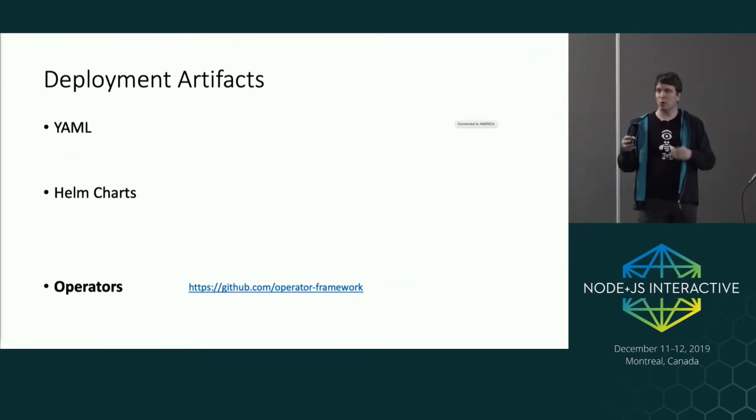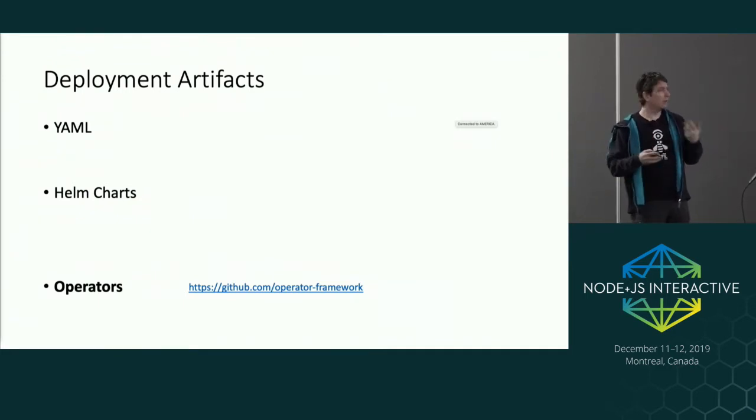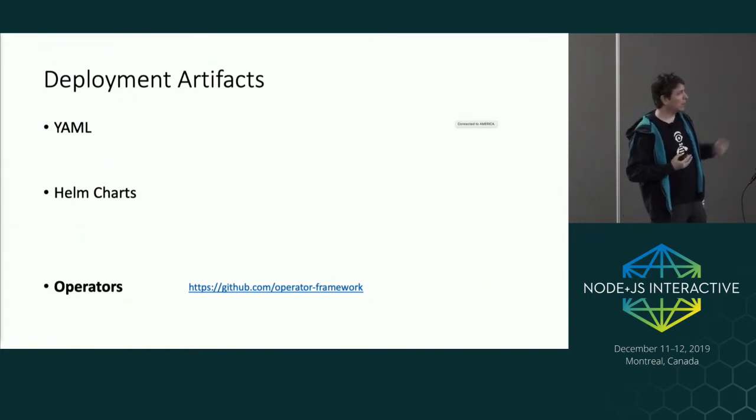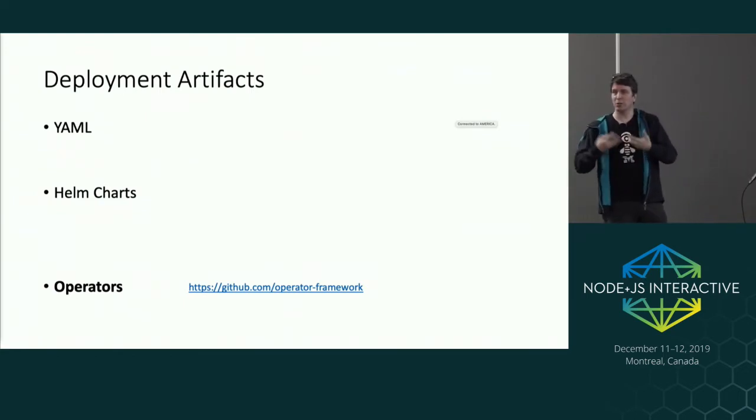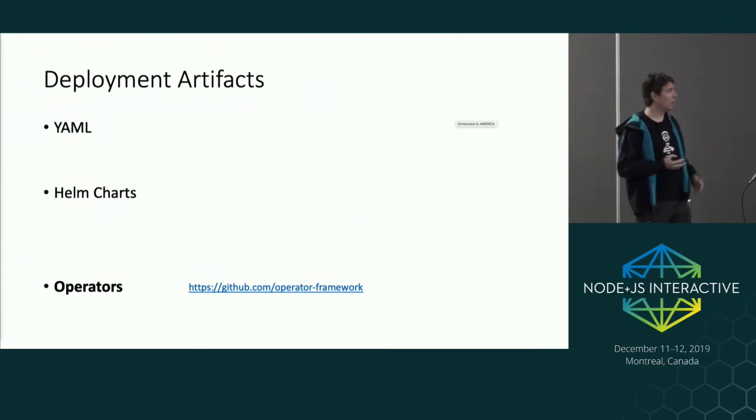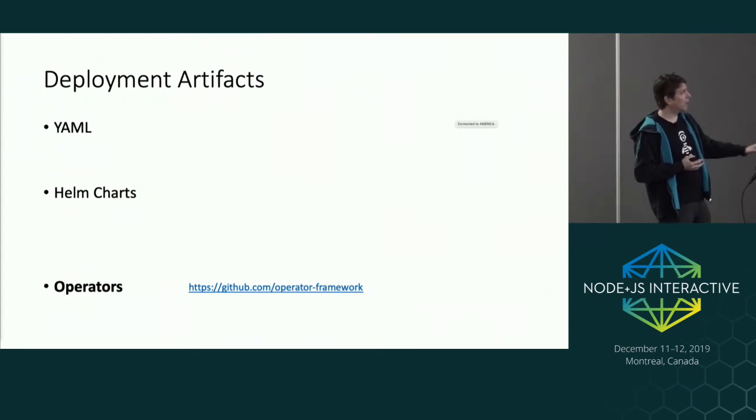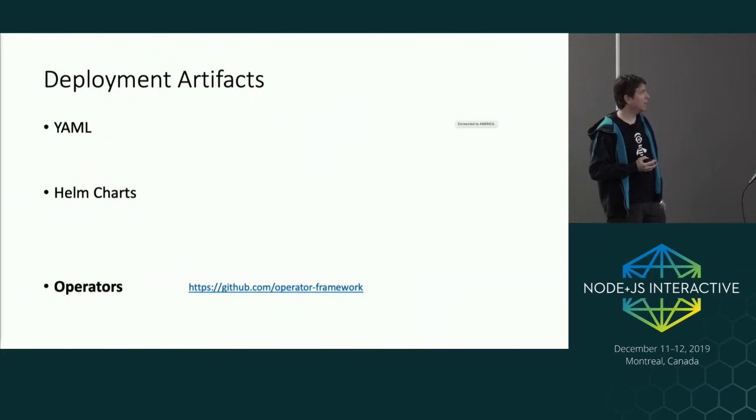Operators give you more programmatic control than simply having some YAML that tells you how you want to put together your application. Many applications now come with operators, which are things where you can write your own code to use the Kubernetes APIs to spin up pods, monitor the pods, and figure out what's going on. Again, I just mention that as another thing you're probably going to want to understand and know what's going on.